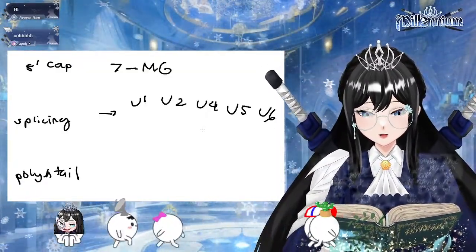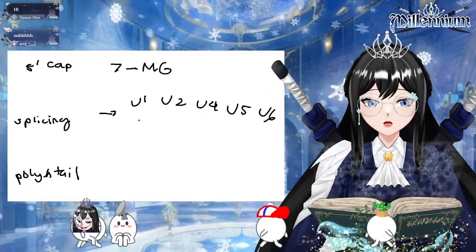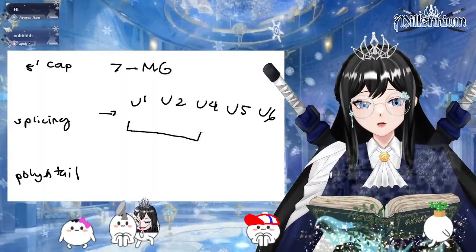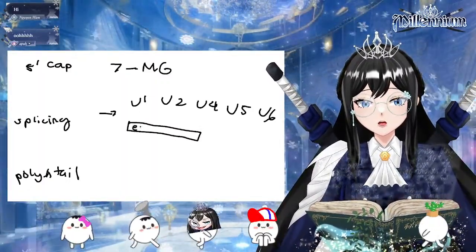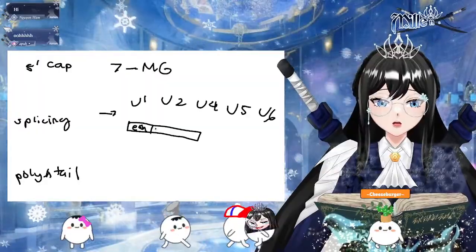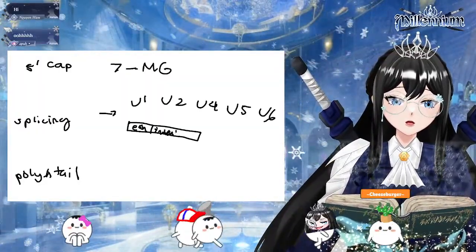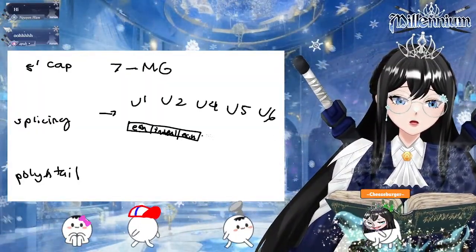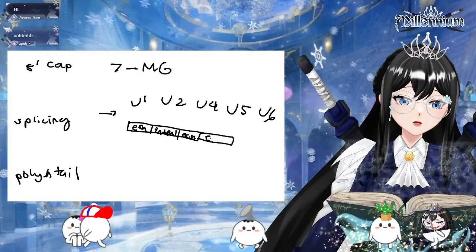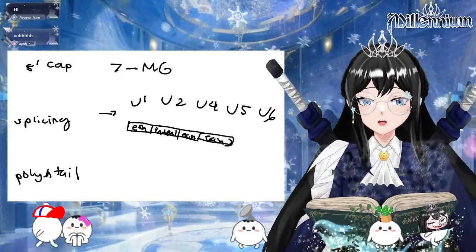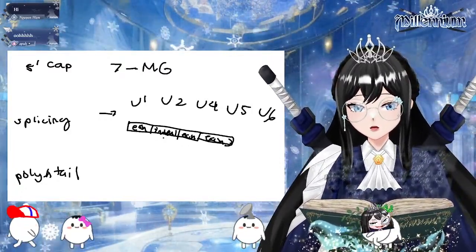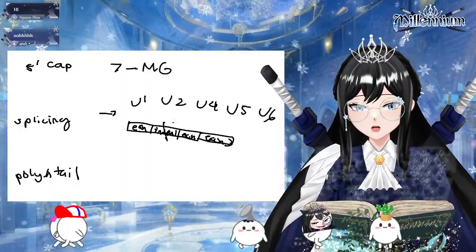Okay. So why do we want splicing? For example, you have exon 1, intron 1, exon 2, and then exon 3. First of all, you remove all the introns. We don't want introns here.